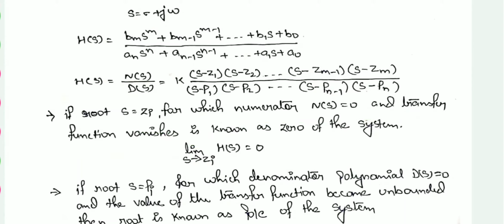Therefore, the roots of the numerator are known as the zeros of the system, and they are represented by a circle.